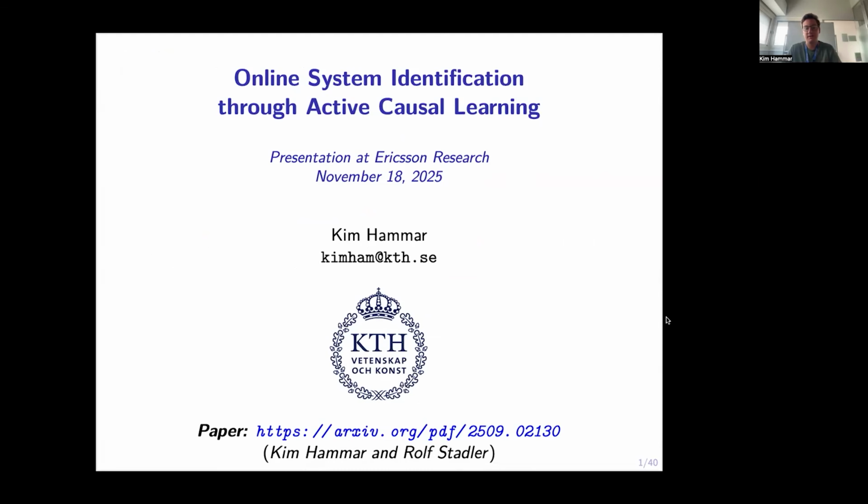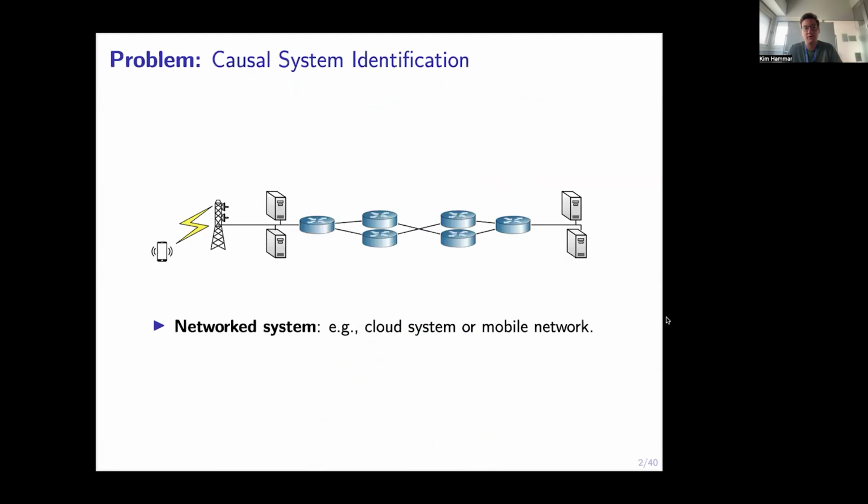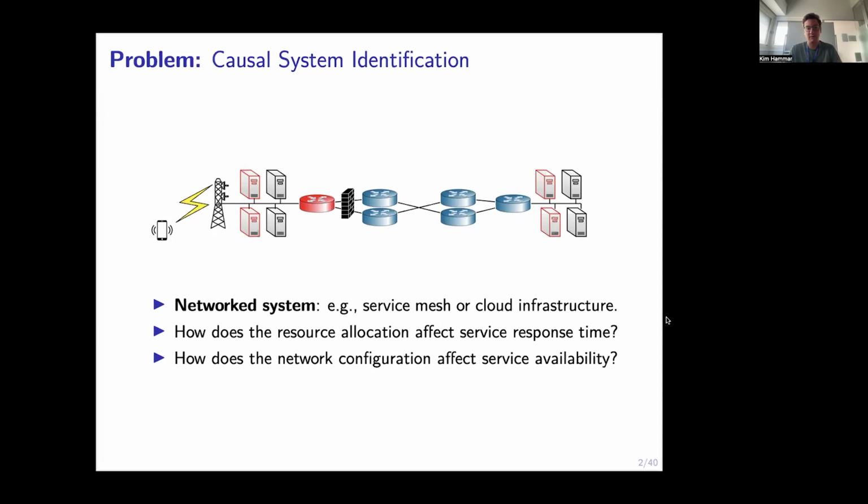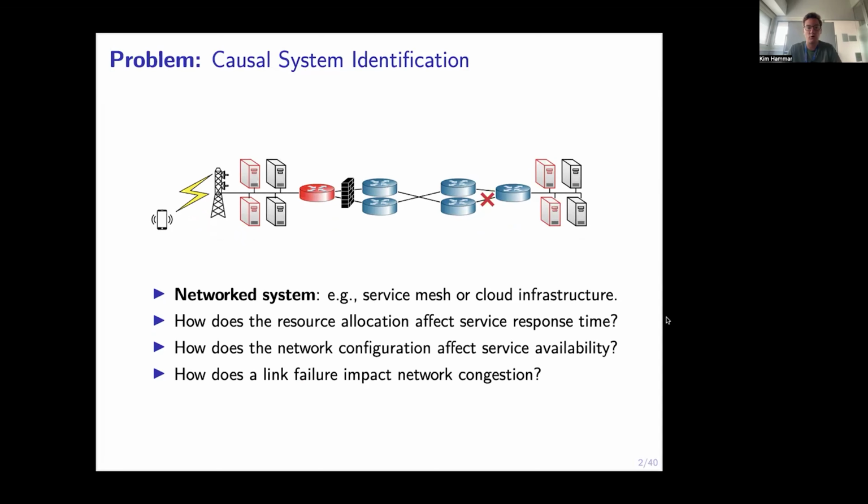In particular, the problem that we consider in this work is to identify a mathematical model of a network system that can allow us to reason about causal effects, such as the effect of resource allocation on response time, or the effect of network configuration on service availability, or the effect of a link failure on network performance. All of which are typical questions that arise in the operation of a network system.